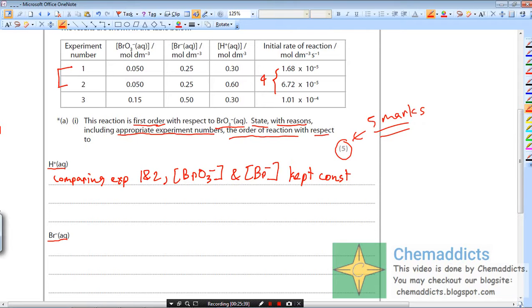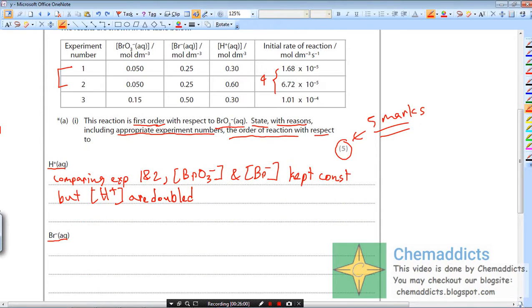We should mention this. But concentration of H plus, this is hydrogen ion, are doubled.